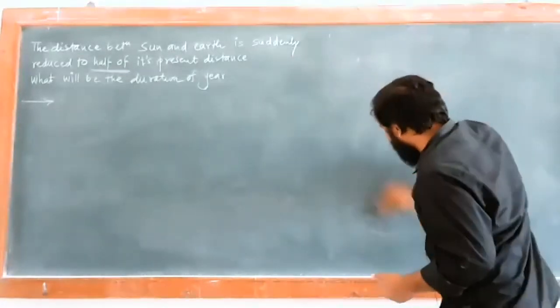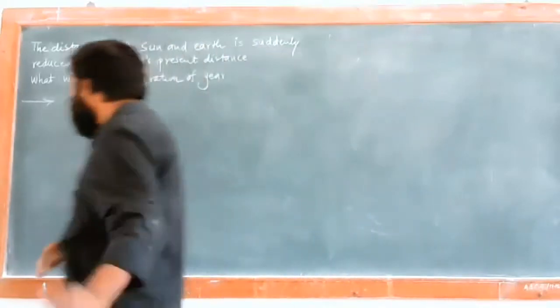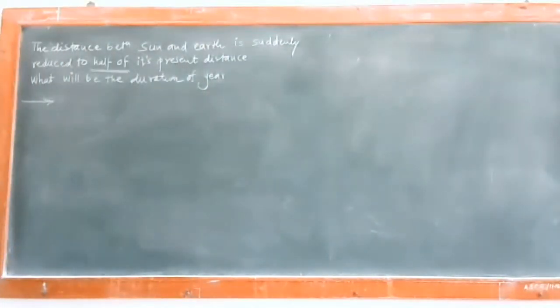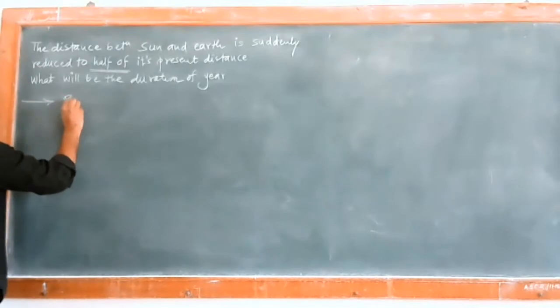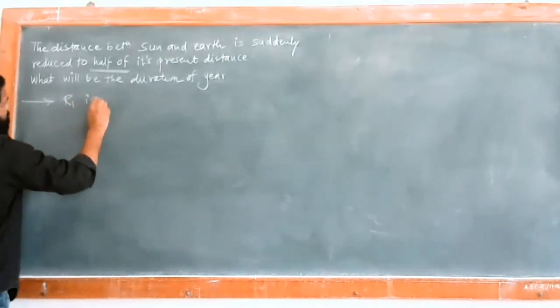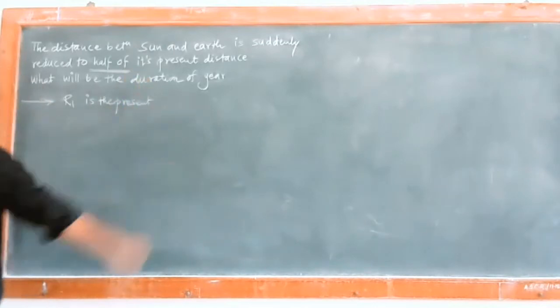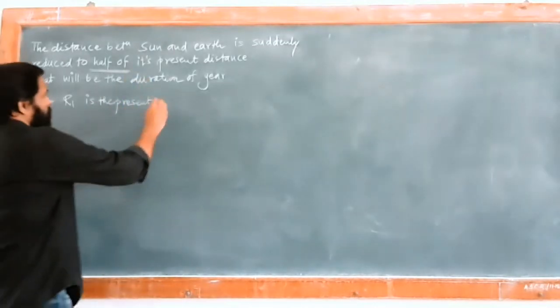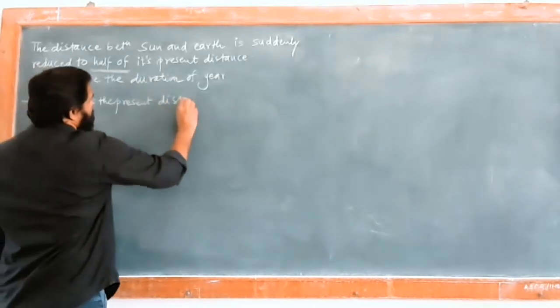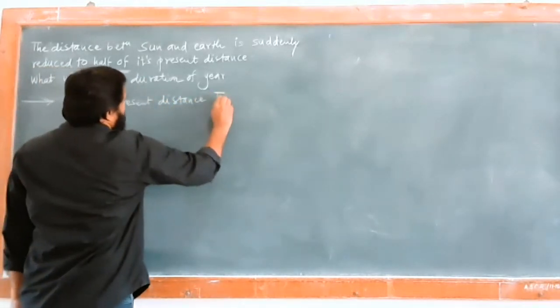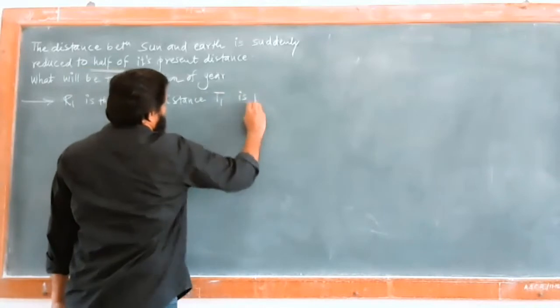So we can have that conditions. I just said, let r1 is the present distance. Let's assume some present distance, and t1 is the period.